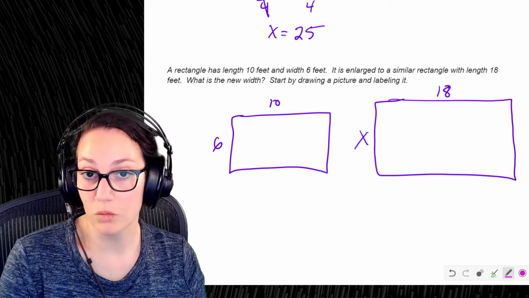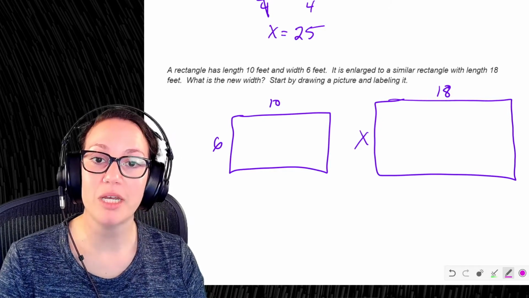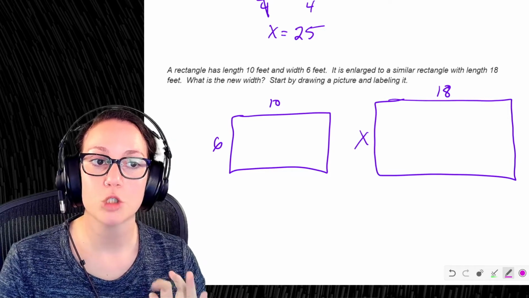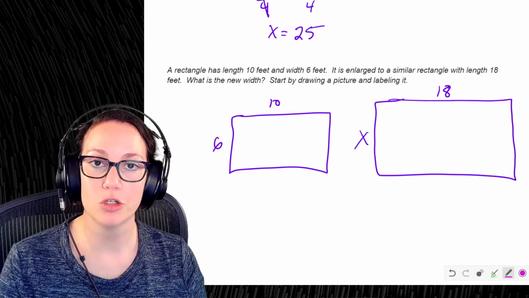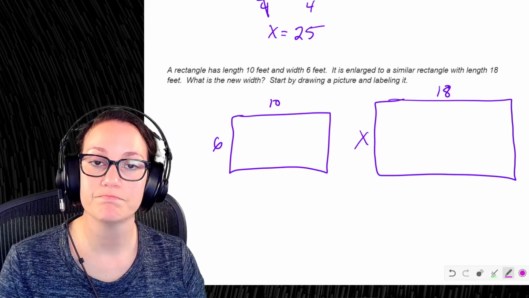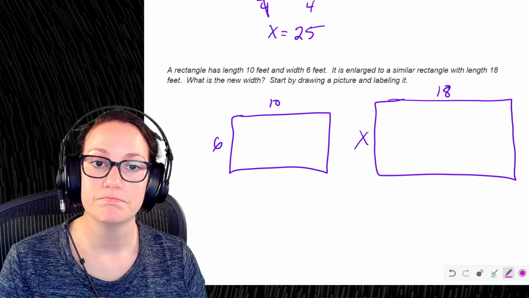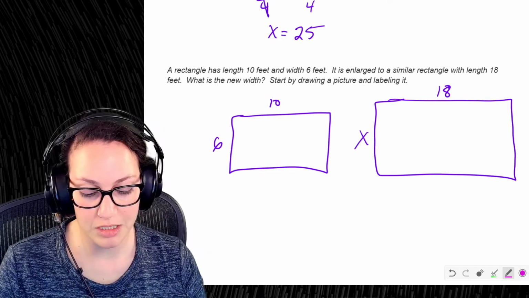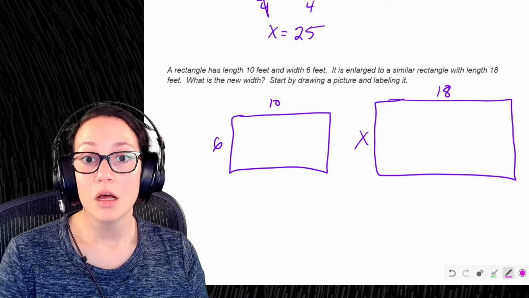Cool. Now we set up a proportion. Take a minute, try setting up your own proportion. So go ahead and pause this, write down in your notebook a proportion that we could use to solve for x. Okay, so hopefully you took a minute and did that. Let's see.